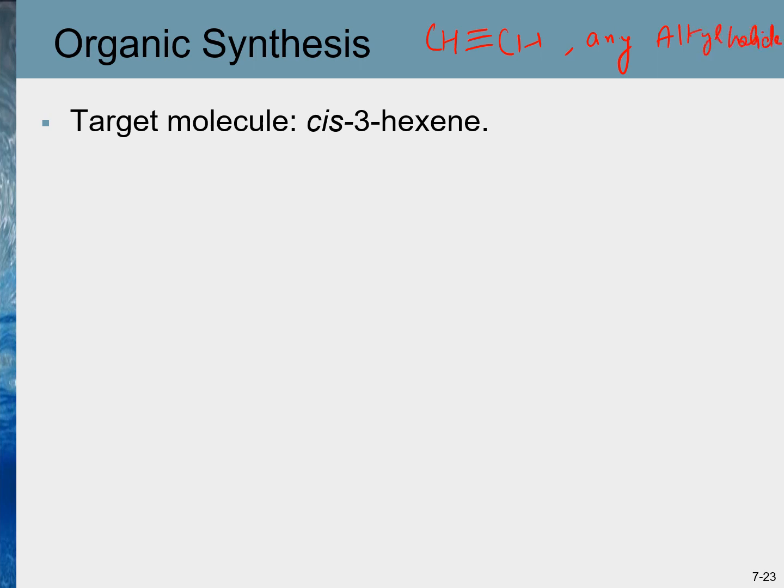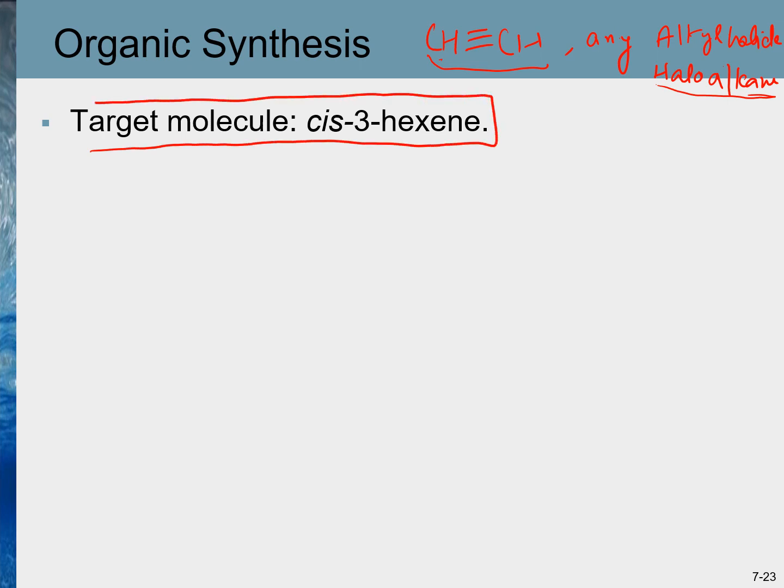Alkyl halides are also known as haloalkanes. So I can use any haloalkane and acetylene, or ethine, and I need to synthesize this target molecule, cis-3-hexene. So let's think about it.